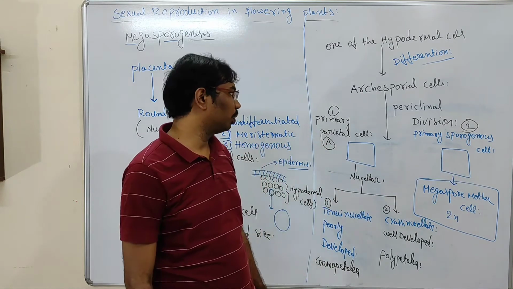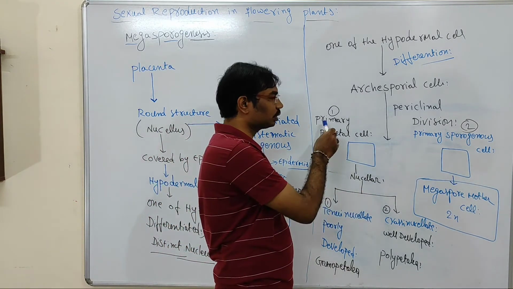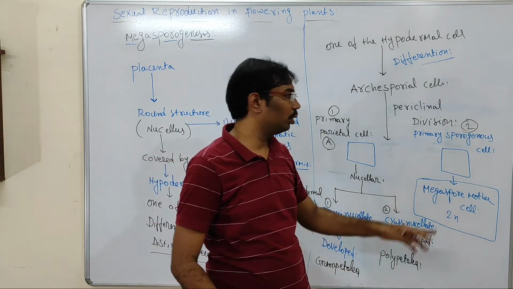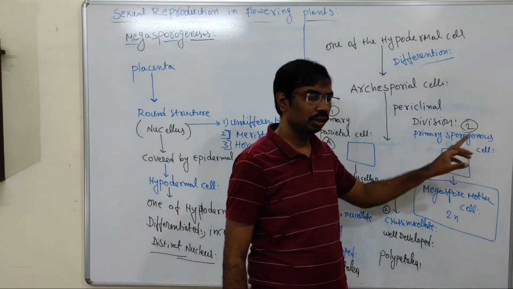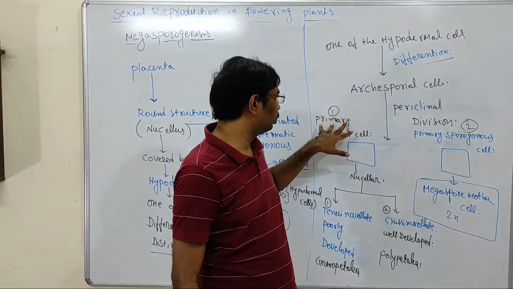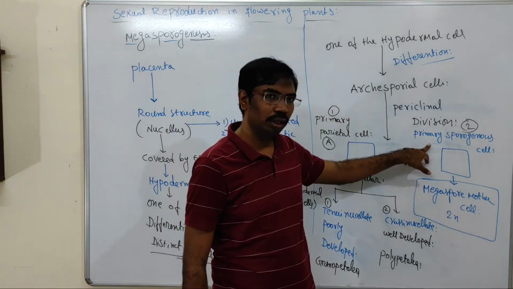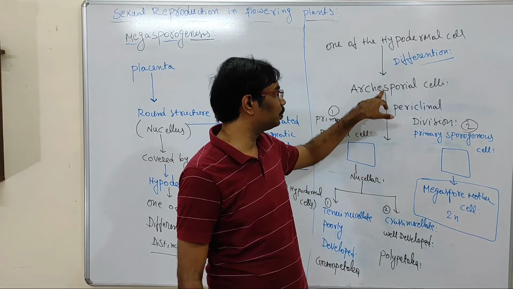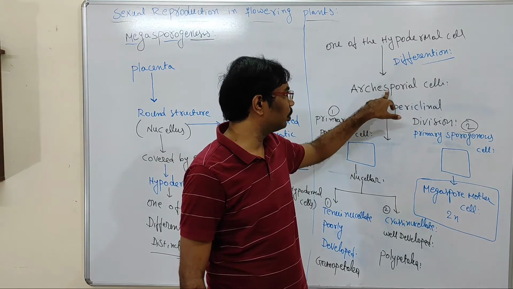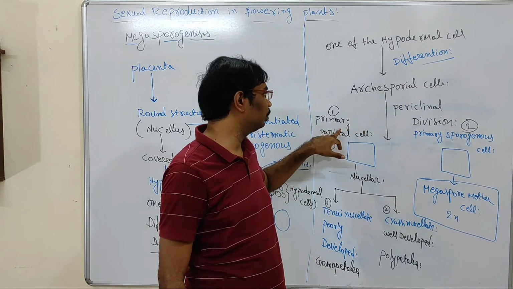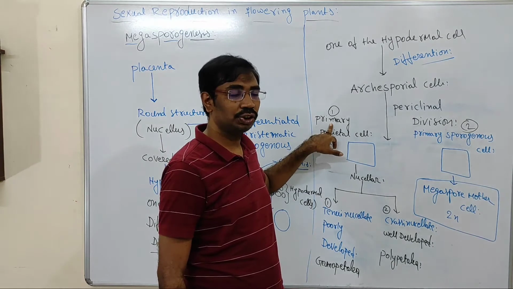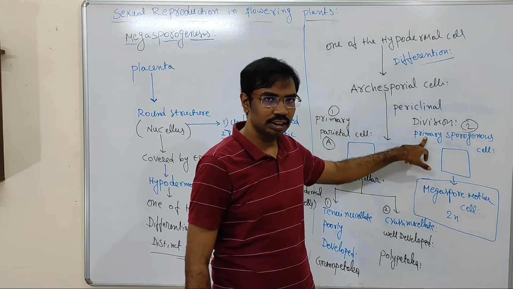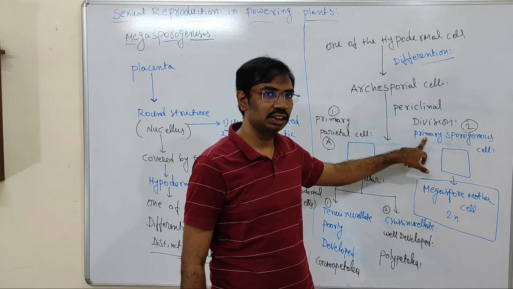So two cells are produced from the archesporial cell: the first is called the primary parietal cell, and the second is called the primary sporogenous cell.